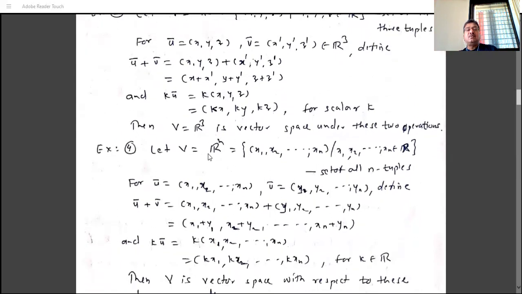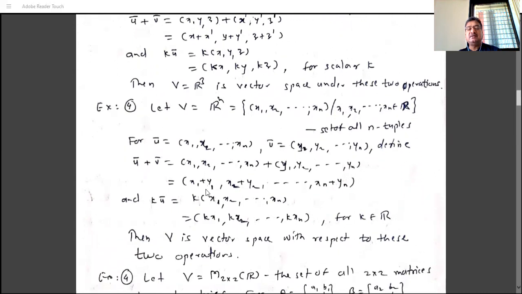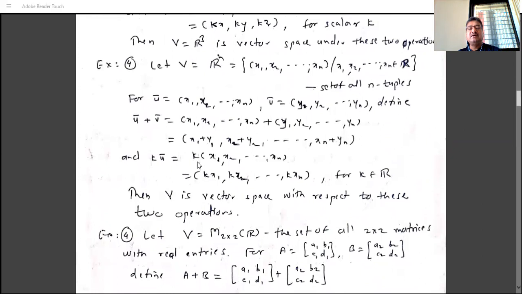Similarly, if you take Rn, what is Rn? You write R raised to n, but read it as Rn. So Rn is the set of n-tuples x1, x2, ..., xn, where x1, x2, ..., xn belong to R. All n-tuples, and the addition of these two n-tuples is like this: addition of corresponding elements, x1 plus y1, x2 plus y2, ..., xn plus yn, and k u bar is k x1, comma, k x2, comma, k xn for scalar k.